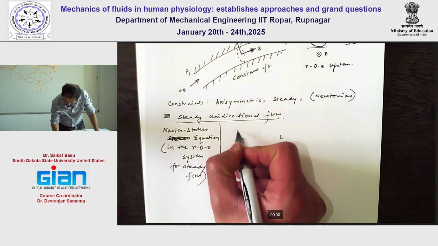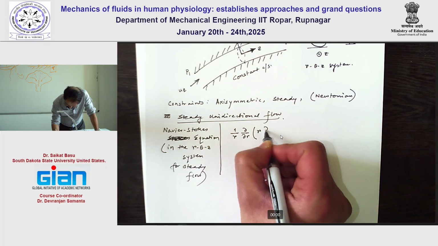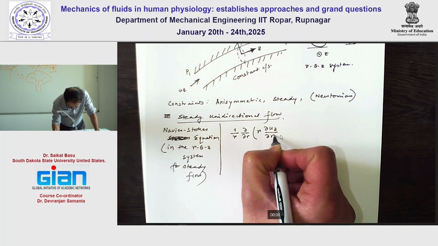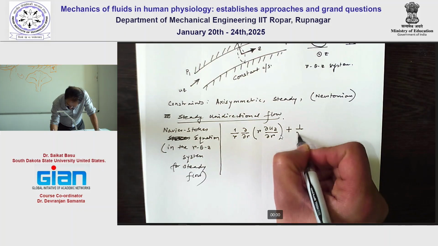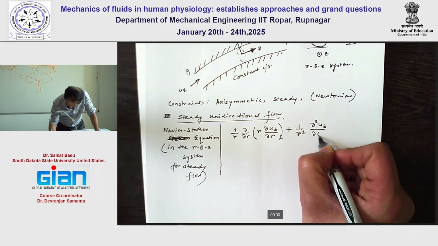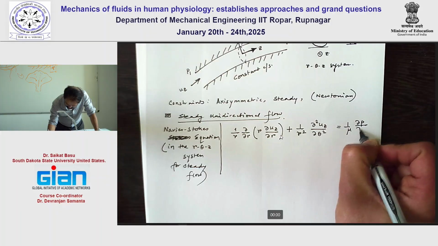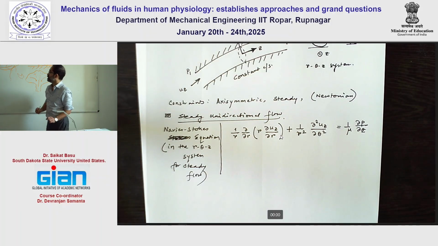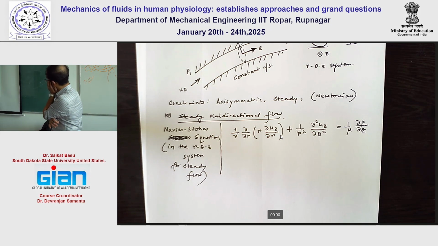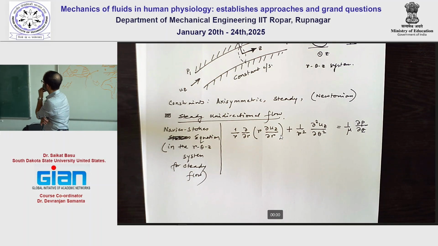So it is 1 over r, del/del r of (r del uz/del r), plus 1 over r squared, del squared uz over del theta squared, is equal to 1 over mu, del p/del z. If you do the derivation, this is what Navier-Stokes would be in the r theta z coordinates with the time derivative being 0. Now over here, let's see what we can enforce based on the assumptions.